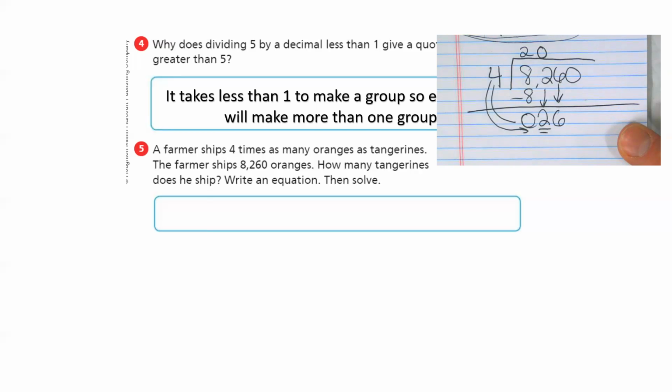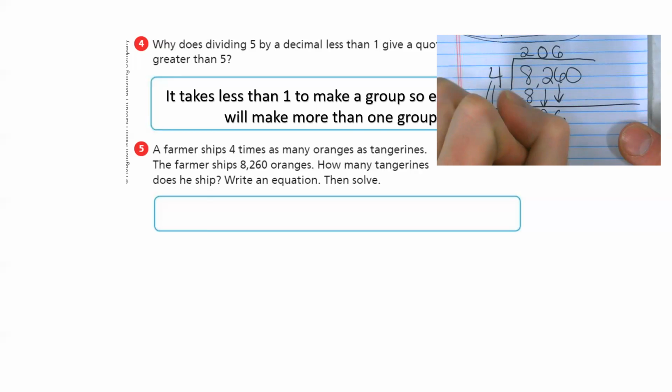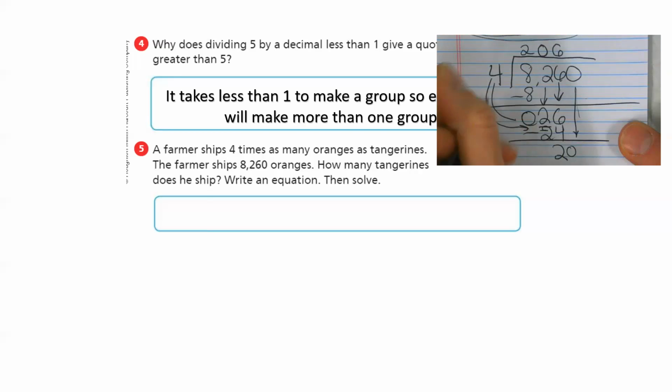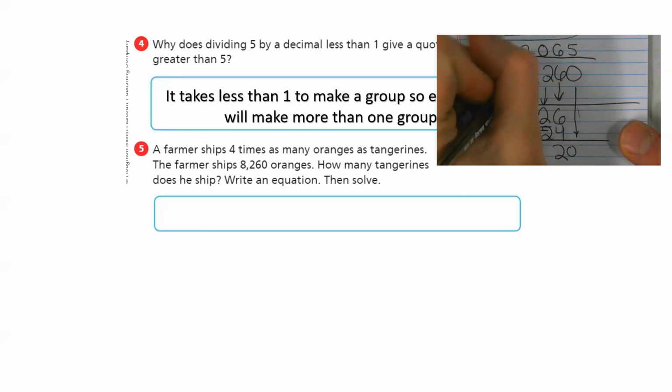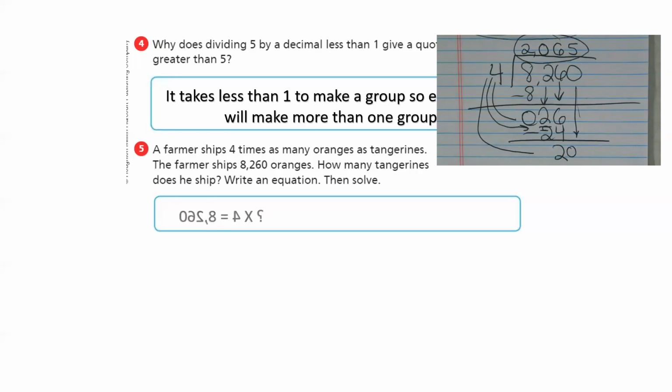How many 4s go into 26? Well, I know 5 times 4 is 20. Ooh, 6 times 4 is 24, so it's 6. Two's left. And how many 4s go into 20? 5. Anything more? Nope. So how many tangerines did we have? 2,065. Okay.